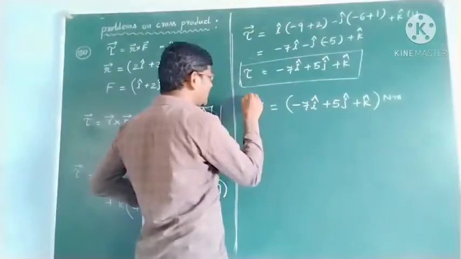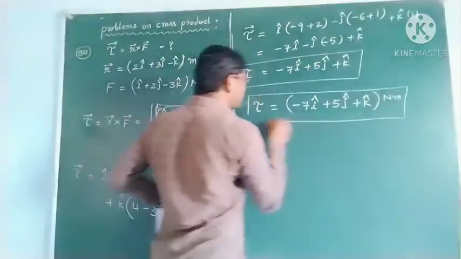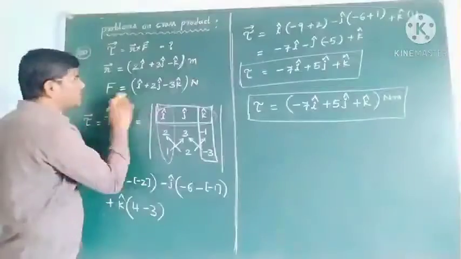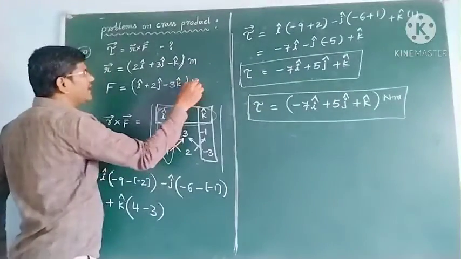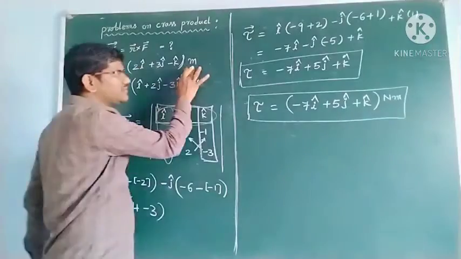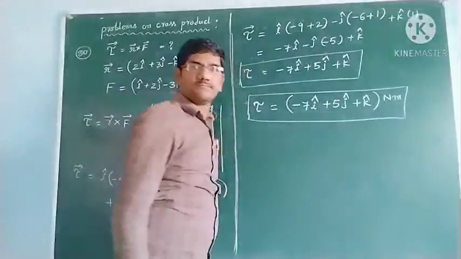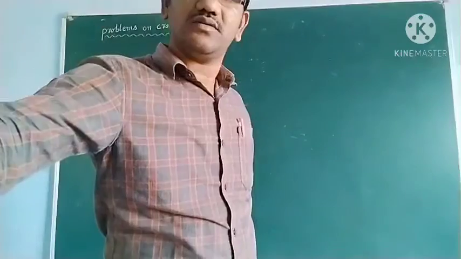This is the torque. You know the SI unit of force is Newton and SI unit of distance is meter. So the torque formula you are getting Newton into meter. So that is the answer, children.